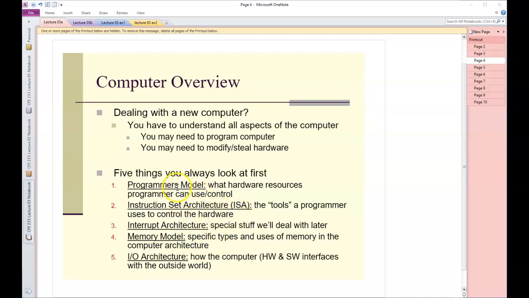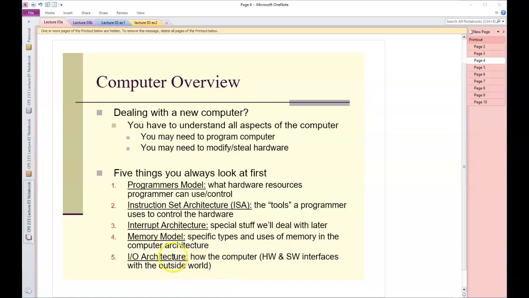The programmer's model and the instruction set come up in the next slide. But the interrupt architecture: all these devices have the ability to operate in a real-time mode. We'll talk about that later. Memory model, super important, we'll talk about that later also. And we have to be able to talk to this thing, so the I/O architecture is important.